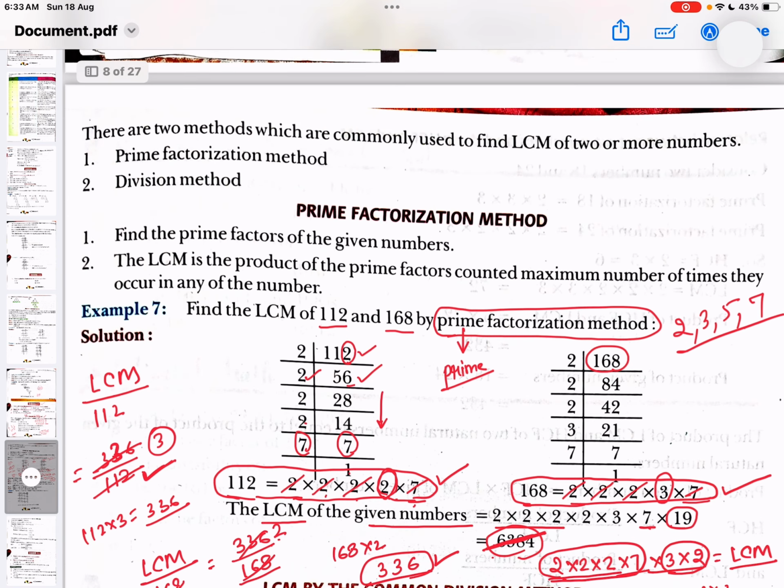Okay, then in your fair copy write down this information.